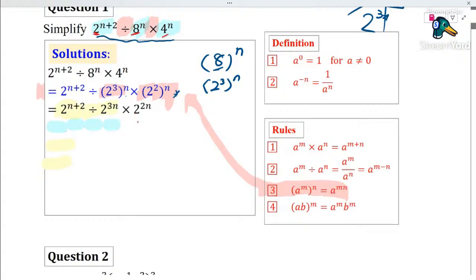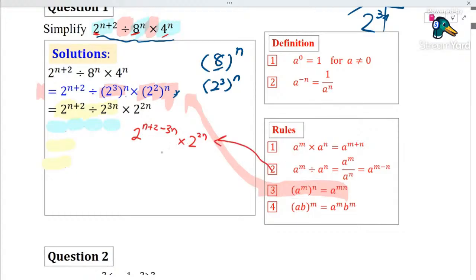So what I'm supposed to have is 2 to the power of n plus 2, divide 3n, that means I'm going to minus 3n, then multiply with 2 power of 2n. What have I done is that I'm applying the second rule for this part.